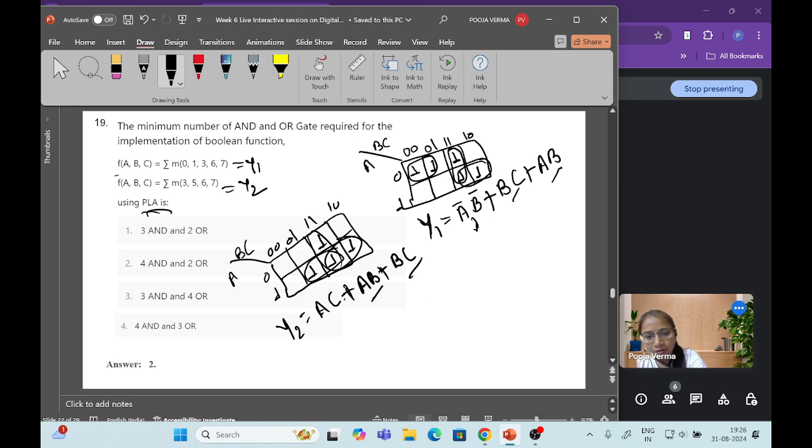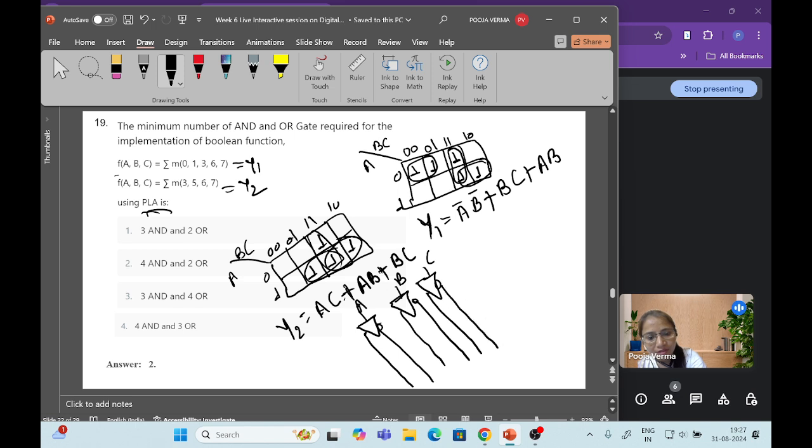So let's wait, I can implement. Okay, so A, B, C, because three literals are given. So this is B bar, here it is C, and this one is C dash, right?